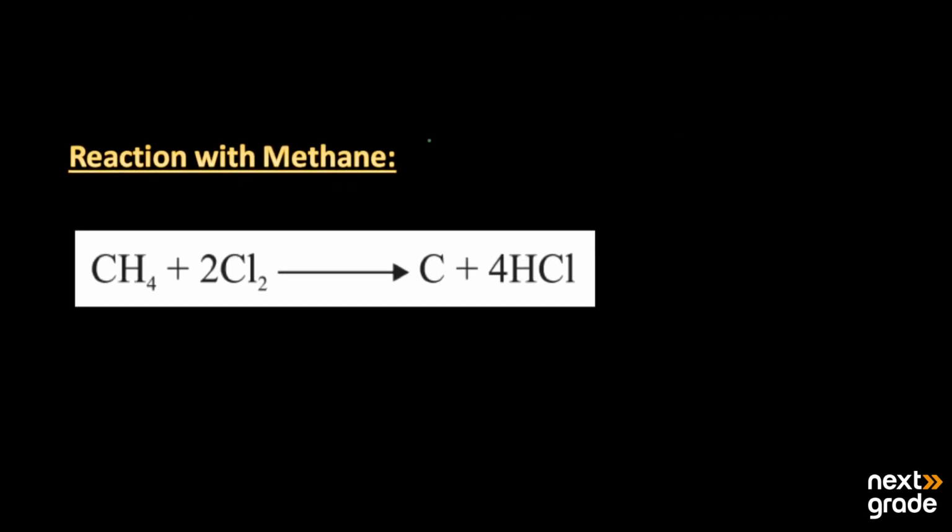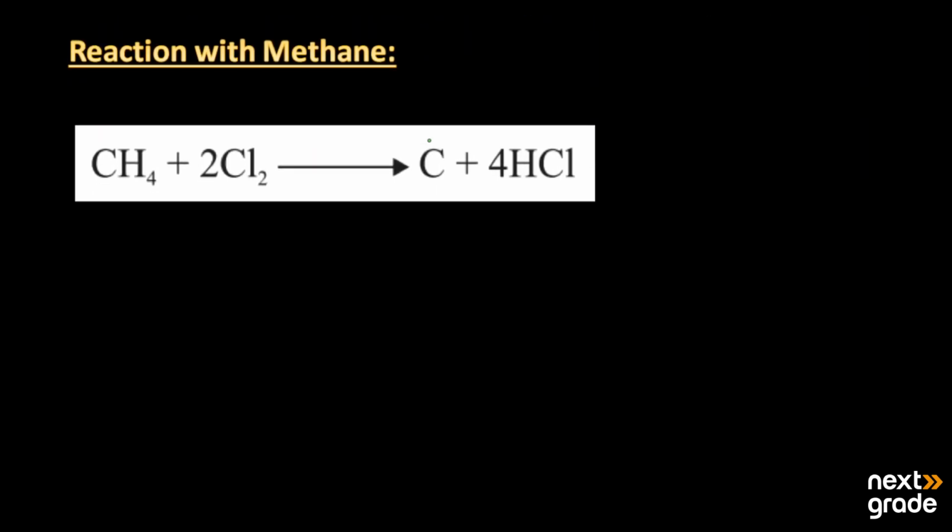After this, we have the reaction with methane gas, CH4. When it reacts with chlorine, it produces carbon and hydrochloric acid. This is the simple reaction of HCl with methane.